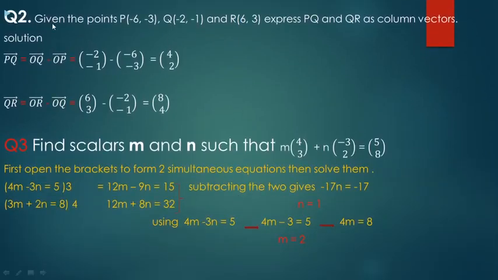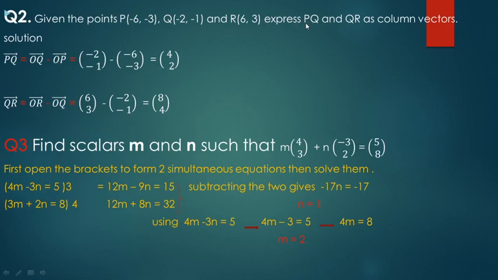Question 2. Given the points P(-6, -3), Q(-2, -1), and R(6, 3), express PQ and QR as column vectors.